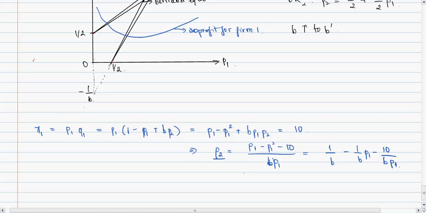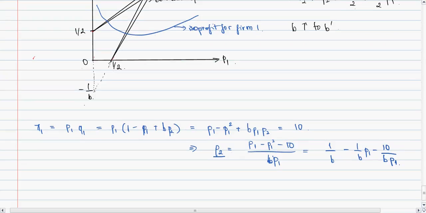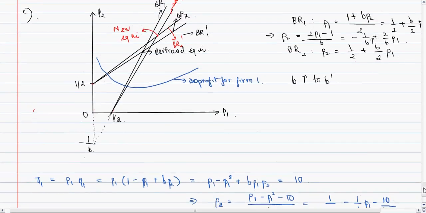And if you're doing that, you'll be able to see that the curve is convex, and you'll be able to find a minimum point of the curve somewhere. Okay, so that is the way for you to draw an isoprofit curve for a firm. You can just take any profit level and then draw a function of P2 in terms of P1.